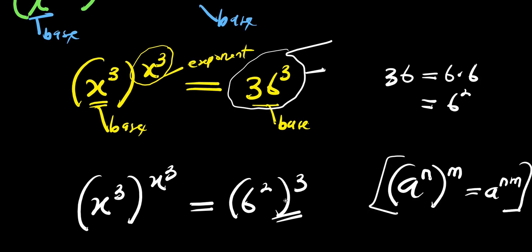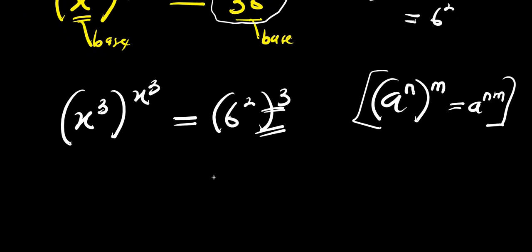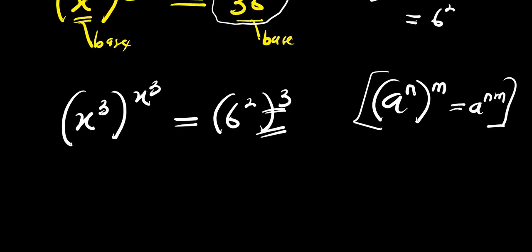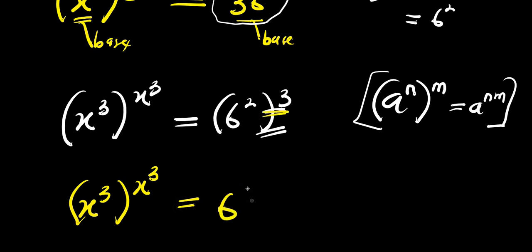So we need to multiply this exponent. Now, what we are going to have is x to the power of 3, and this is raised to the power of x to the power of 3, and this equals 6 to the power of 2 times 3 is 6.